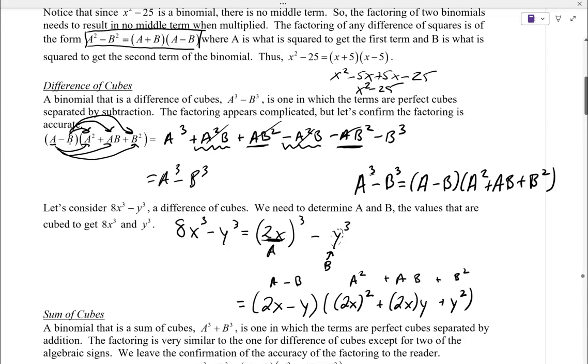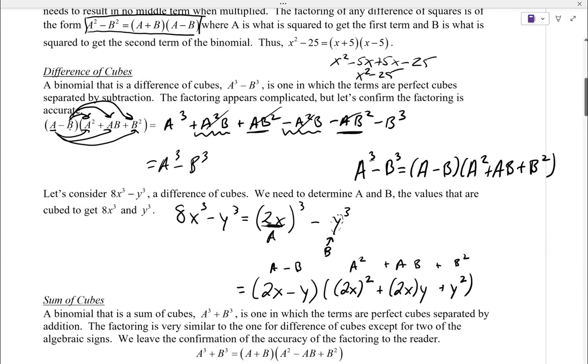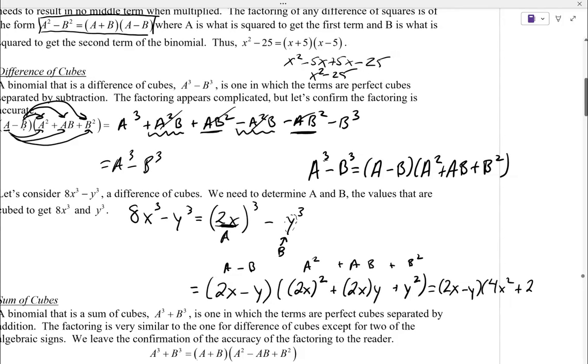I will simplify it a little bit. Two x, the whole thing squared, is 4x squared. And then I can write the rest of it as 2xy plus y squared. I just simplified the 2x, the whole thing squared.